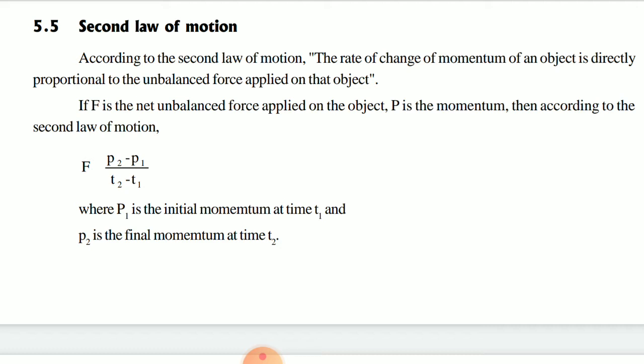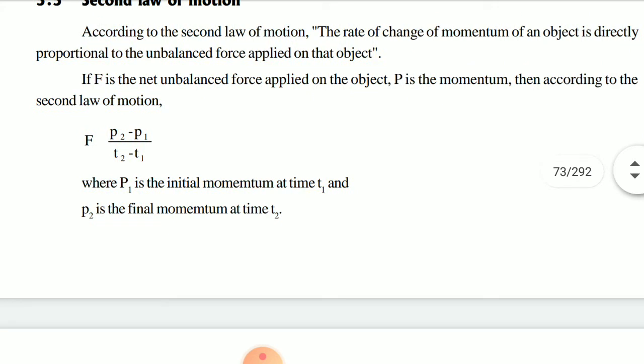If an unbalanced force is applied to an object, then according to the second law of motion, force equals final momentum minus initial momentum, upon final time minus initial time. So that will be your second law of motion: the rate of change of momentum of an object is directly proportional to the unbalanced force applied to the object. Here, children, again the unbalanced force is going to be utilized.